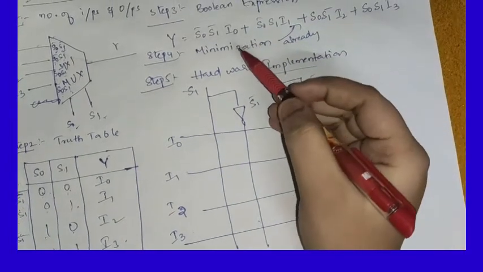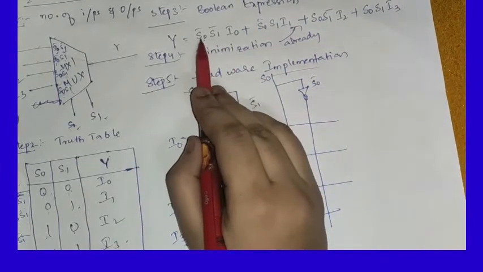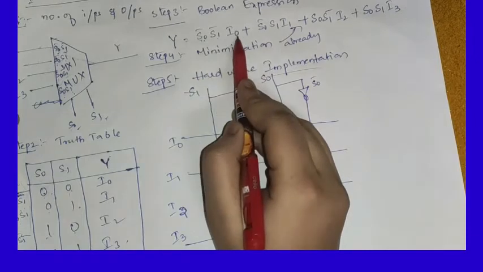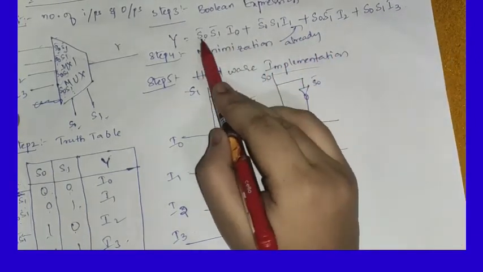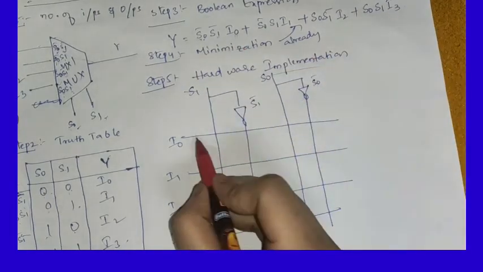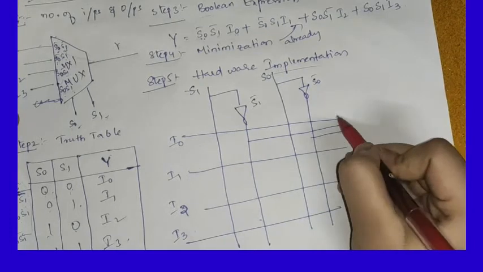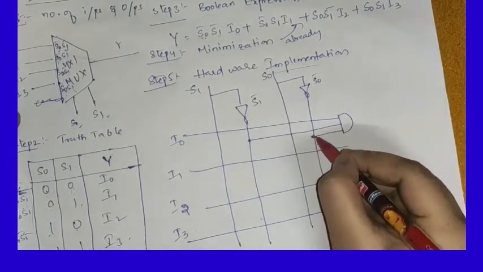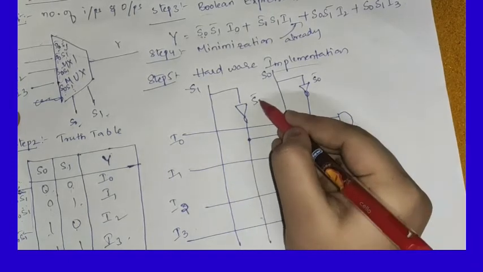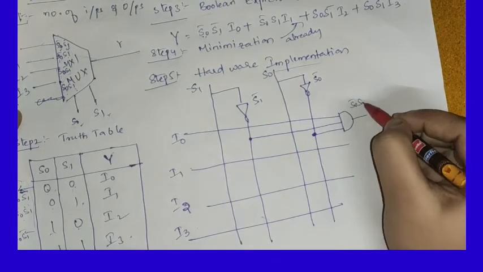If you see here, the AND logic is between S0 bar, S1 bar and I0. A multiplexer is AND-OR logic, right? Take I0, S1 bar and S0 bar, and construct the AND gate here. We get S0 bar S1 bar I0.